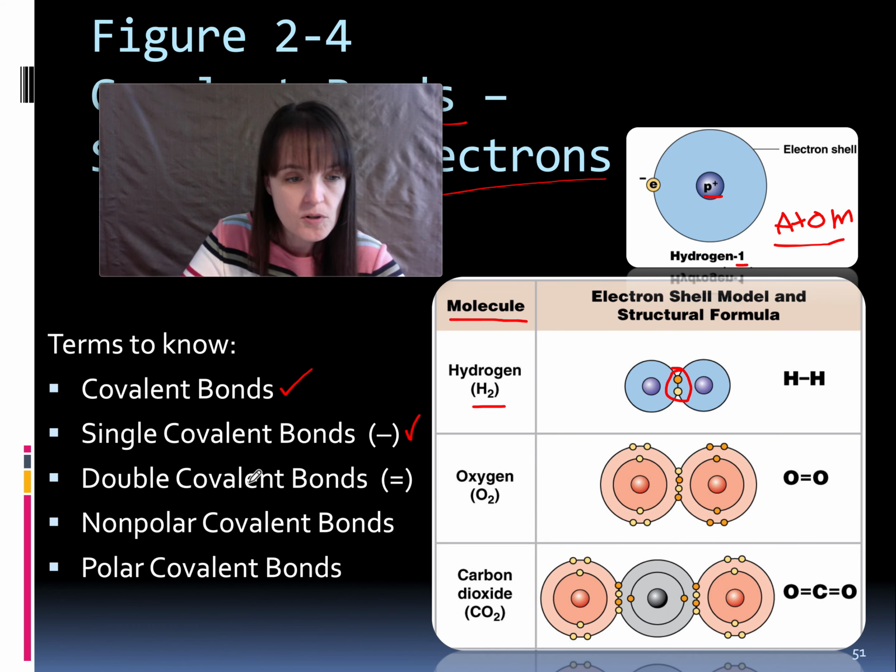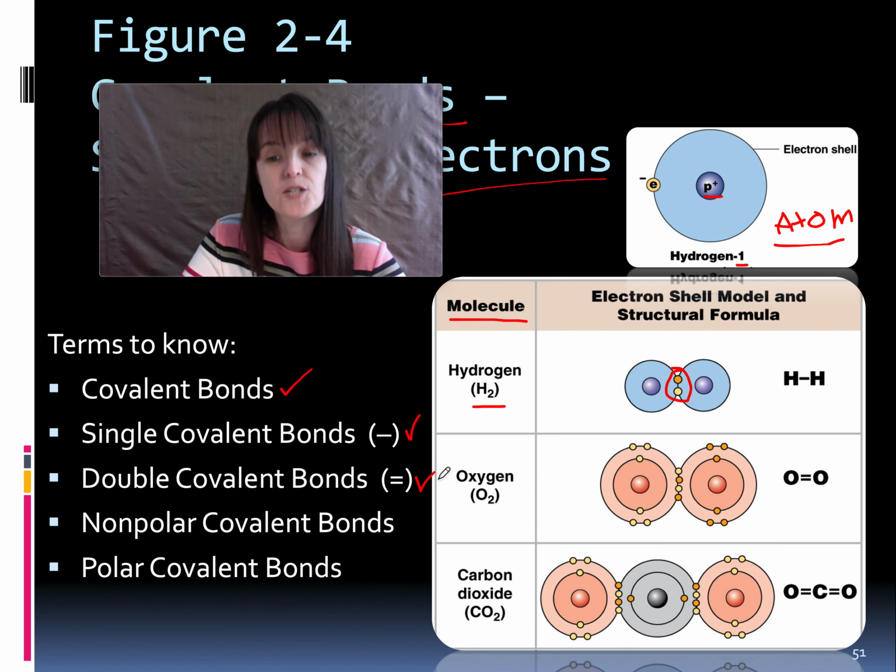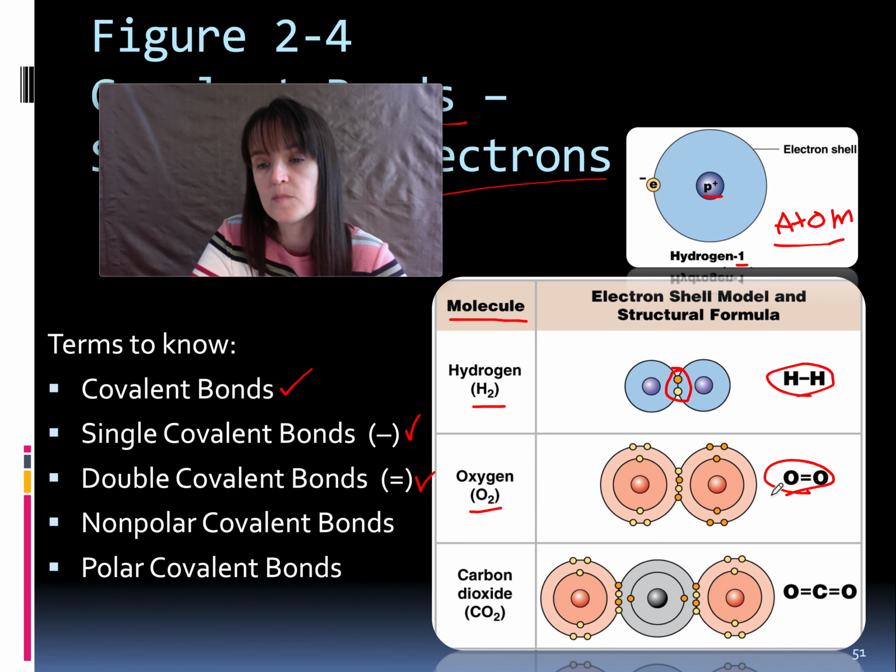And a double covalent bond is when they share 2 pairs of electrons. So here you see the oxygen molecule is 2 oxygens bound together with a double covalent bond. And here we have the 2 pairs of electrons that they are sharing in their valence shell.